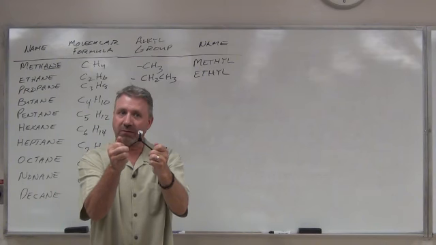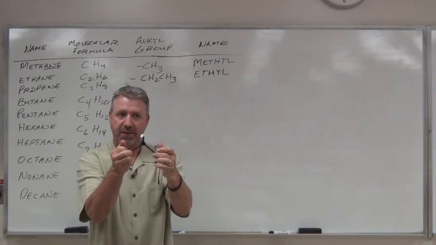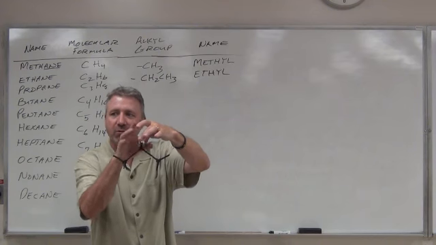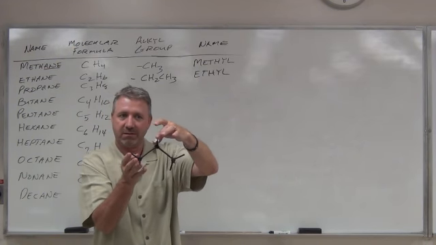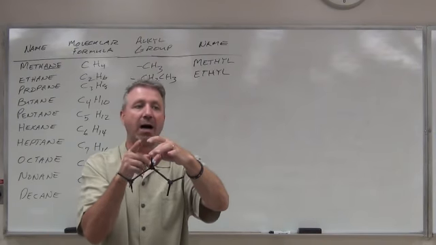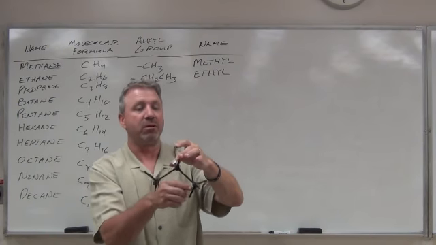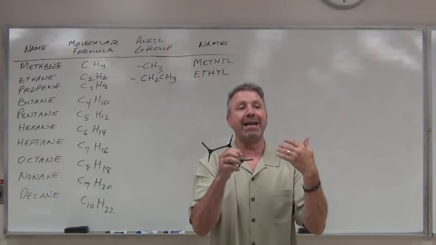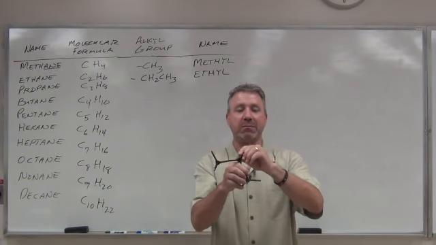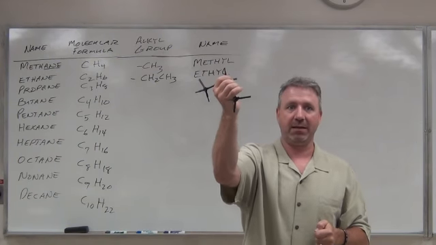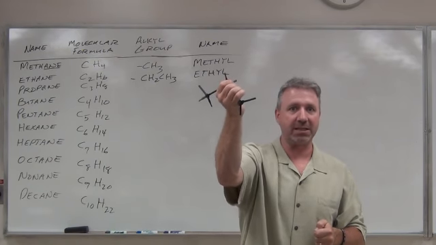These 6 are equivalent. They're virtually identical. These 2 are identical, but the groups are different from each other. So we have 2 sets of non-equivalent hydrogens on propane, which means if we take the propane and form an alkyl group by simply removing a hydrogen from the alkane, that creates the alkyl group.